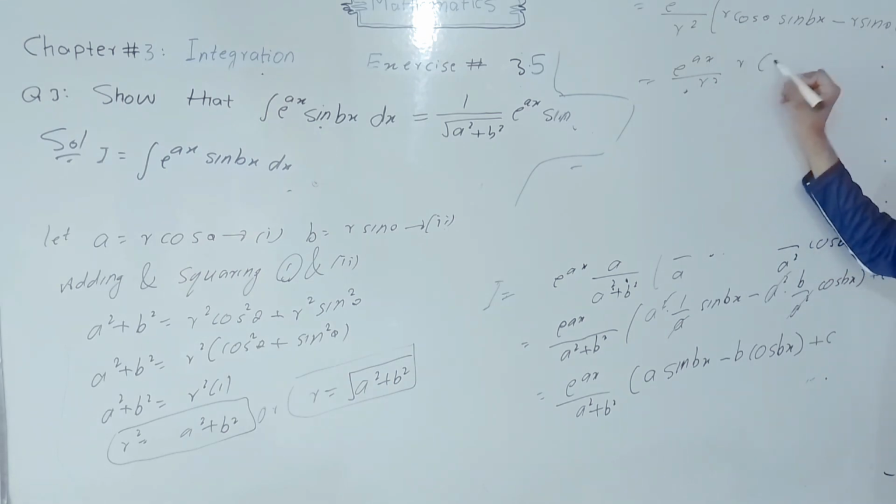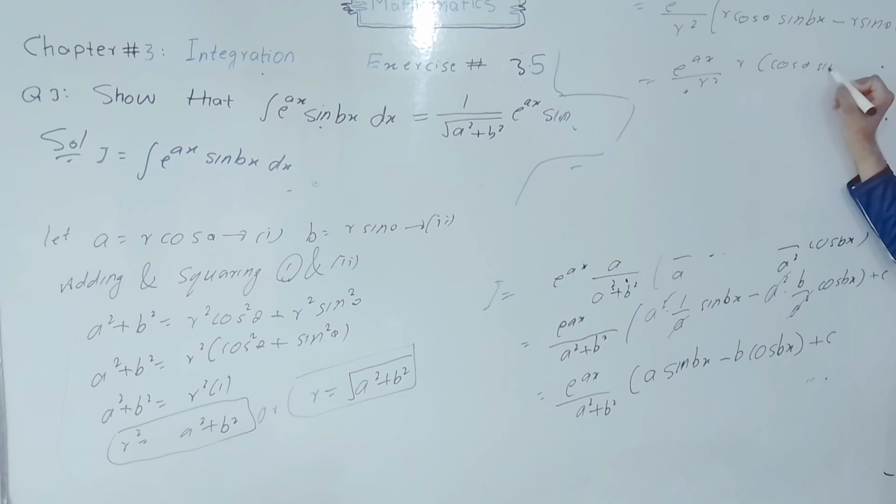So r into cos theta sin bx minus sin theta cos bx plus c.